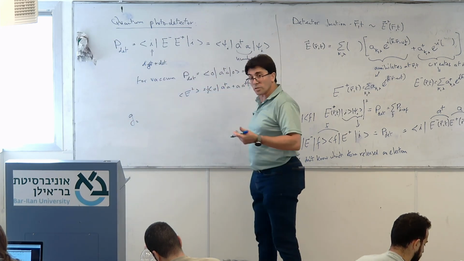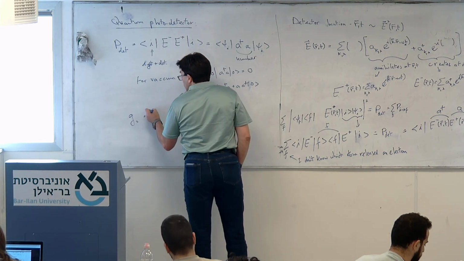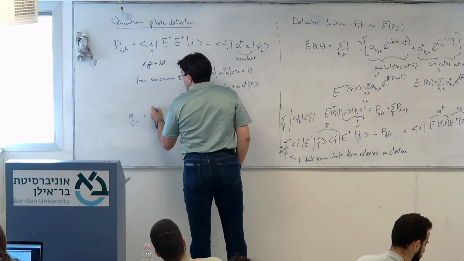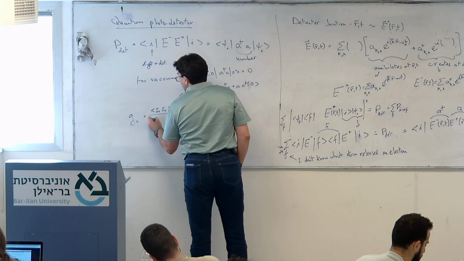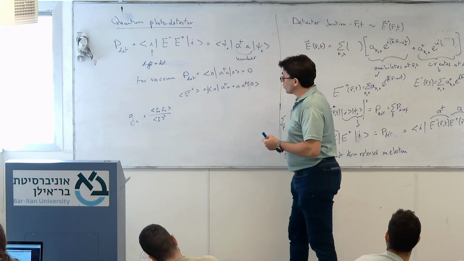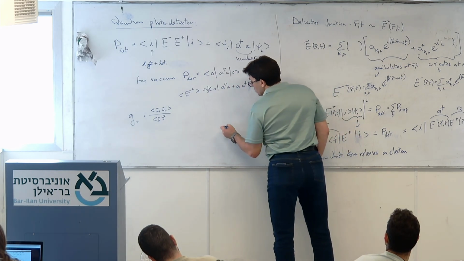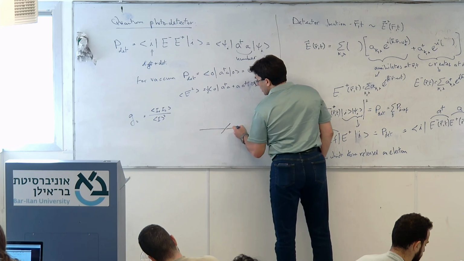Remember what G2 was? That was I1, I2, classically divided by I average squared.